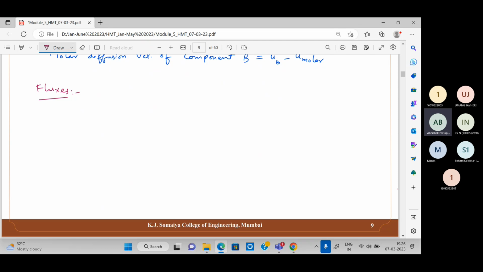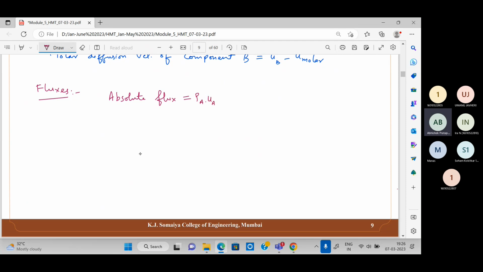So for the species A of a multi-component mixture, the absolute flux. Just pay attention to these terms. What is the absolute flux? It is rho A UA.